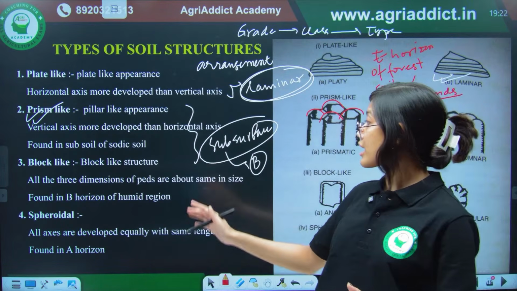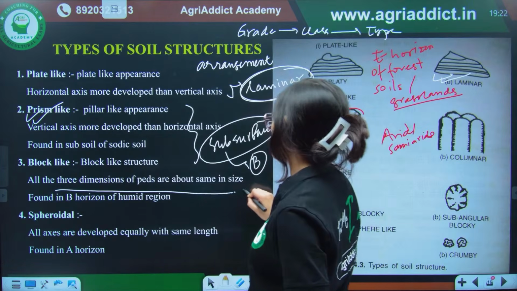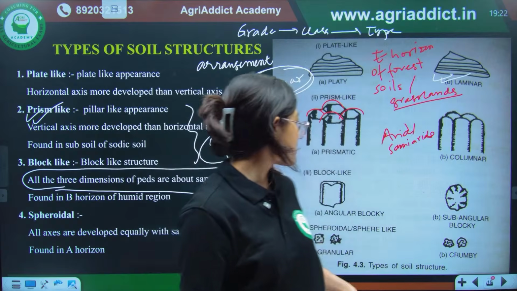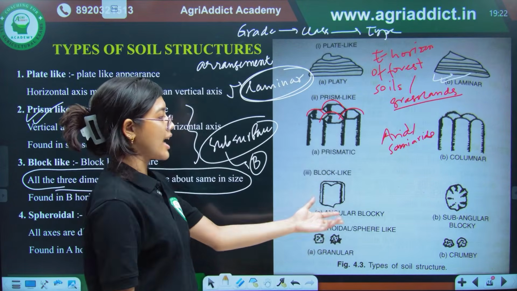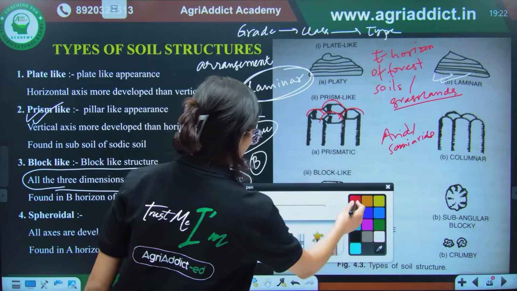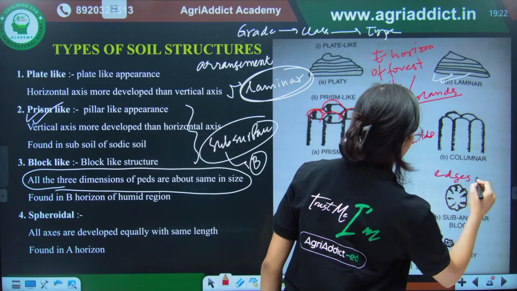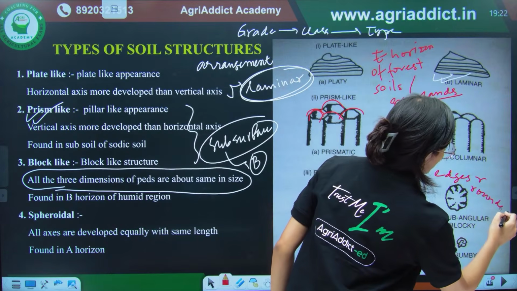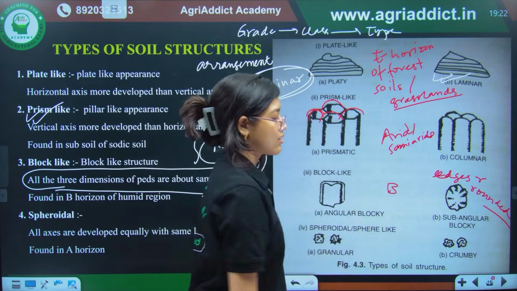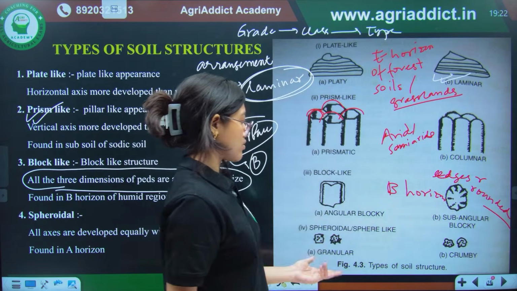In this block-like structure, this line is very important: all three dimensions are about the same size. If the edges are angular, then it is called angular blocky. If the edges are rounded, then it is called subangular blocky. This is also found in the subsurface soil, that is the B horizon. Never forget that. Same in arid and semi-arid regions only.